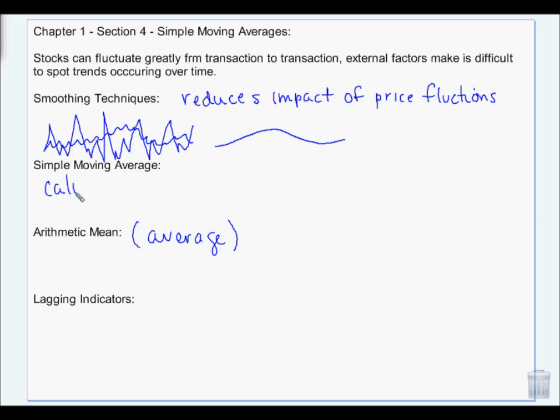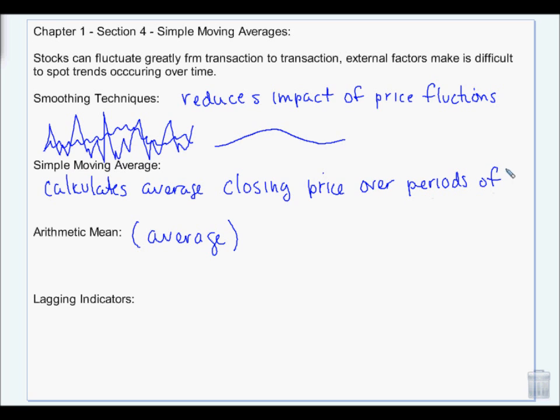So it calculates, no, it's not just the average, it's the average closing price, sorry. Because that's really more important than the opening price. Okay, and the arithmetic mean is just the average.